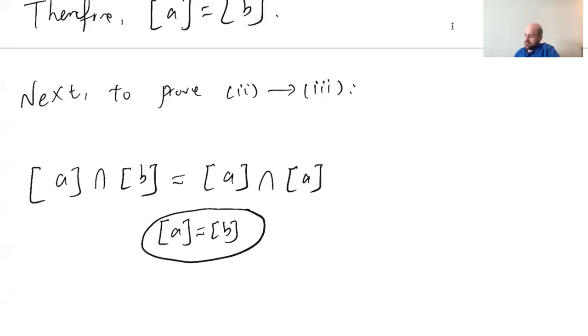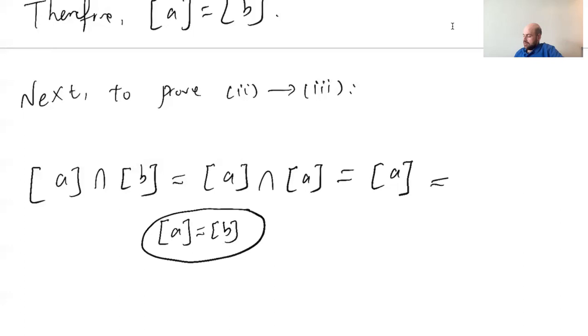This is my assumption. I'm assuming that 2 holds. So if 2 holds, that means equivalence class of A is equal to equivalence class of B. And therefore, equivalence class of A intersection equivalence class of B will be equivalence class of A intersection itself. And the intersection itself is equivalence class of A.